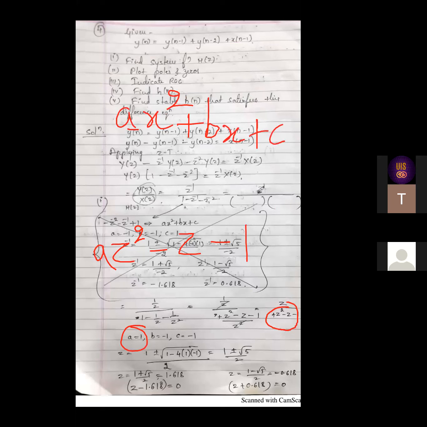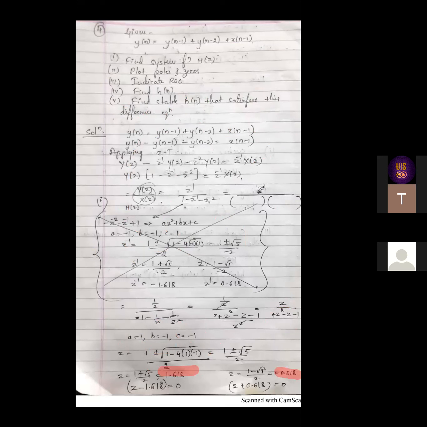If you just compare the coefficients, a is equal to 1, b is equal to -1, c is equal to -1. After that, I have substituted all the a, b, c values in the formula. I have got 1 plus or minus square root of 5 by 2. If you use your calculator and solve it, you will get one value as 1.618, one value as minus 0.618. Two values I will get.